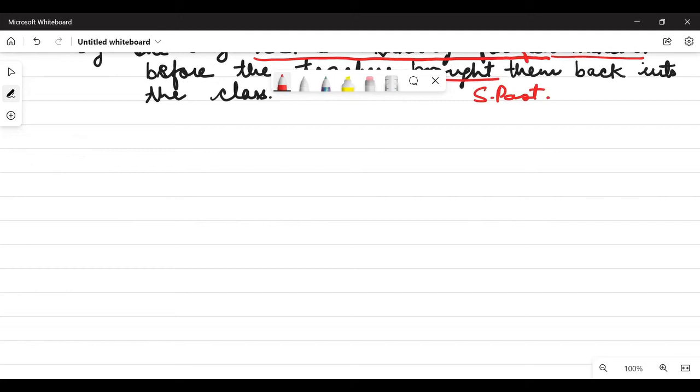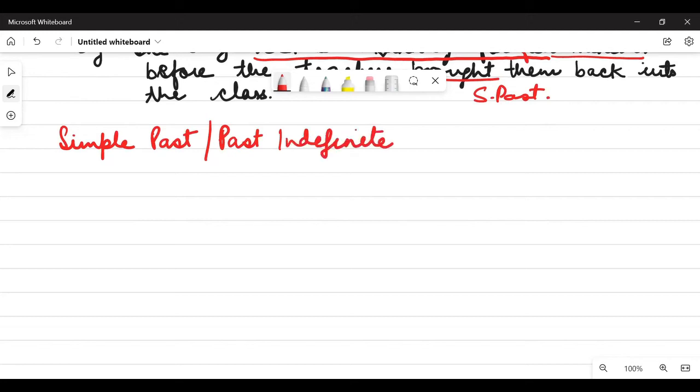Let me talk about the sentence formations once again. So if we talk about simple past, or past indefinite, the formation is like subject, second form of verb, and then object. For example, if we say he wrote a letter, this is an affirmative sentence.